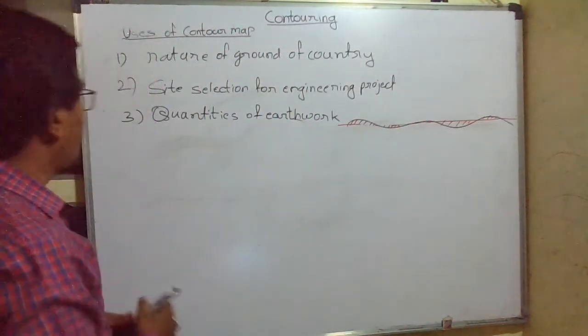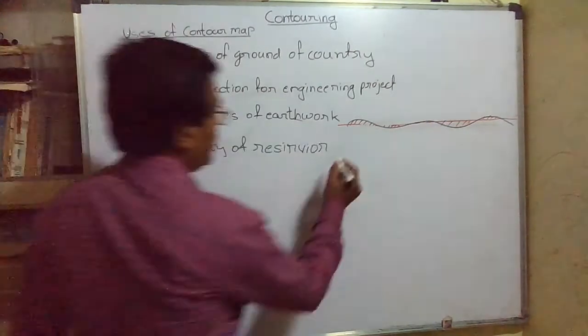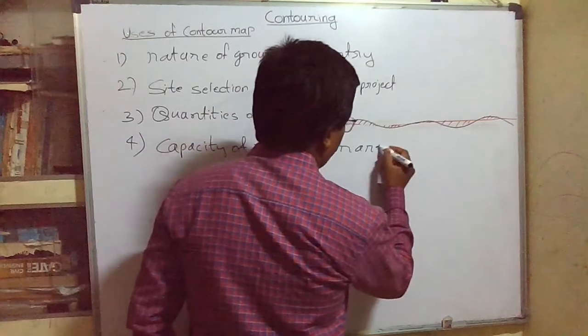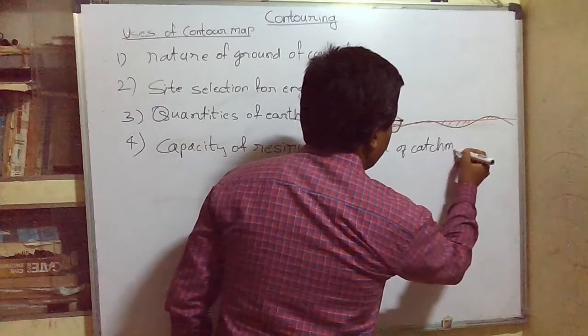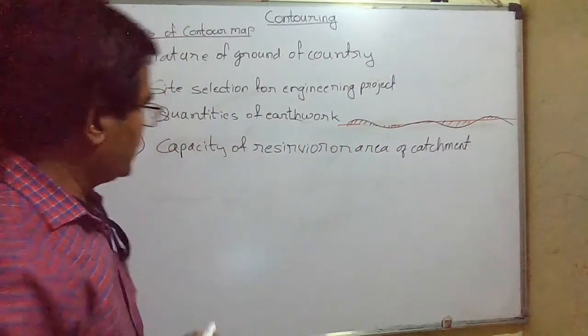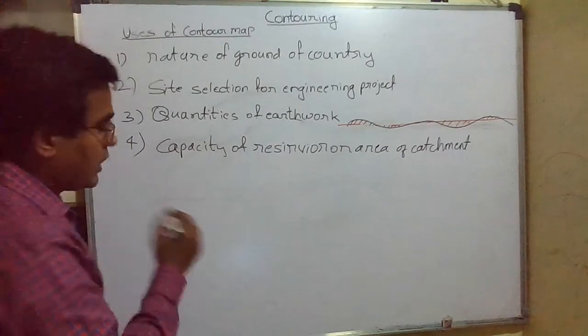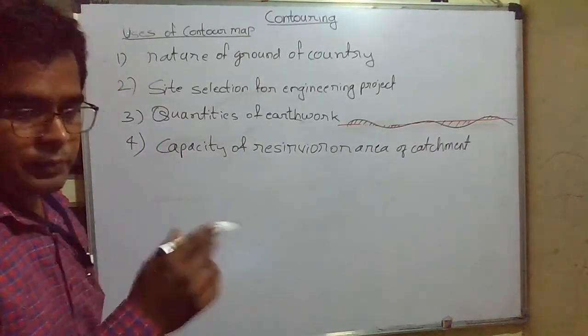Another use of the contour map is that we can compute the capacity of a reservoir and the area of the catchment. How? Suppose we have seen a contour map for some pond or the like.